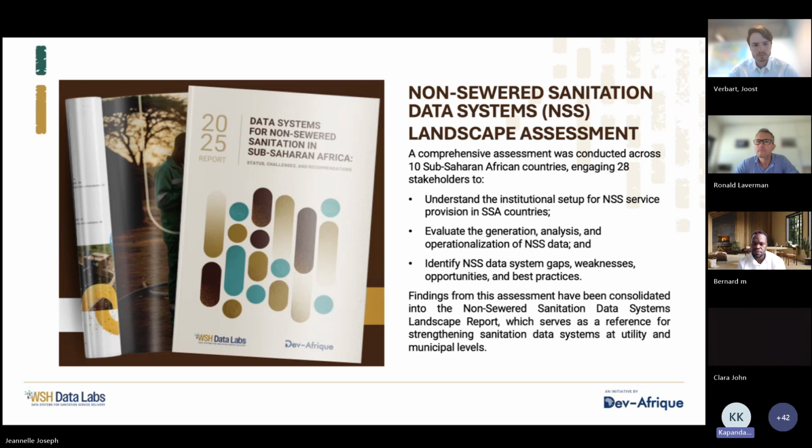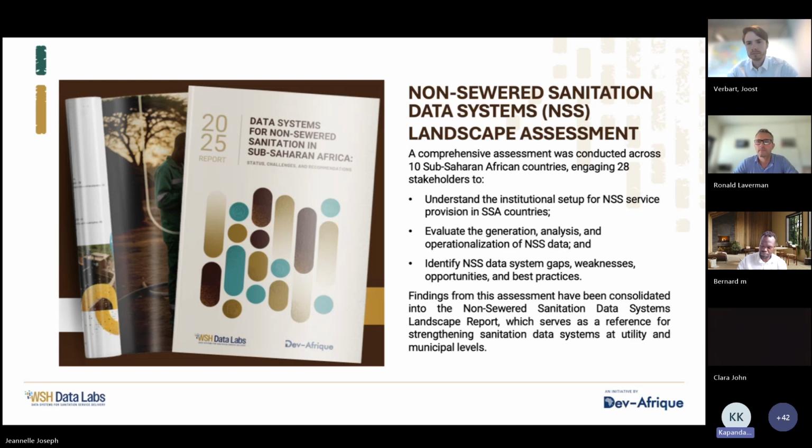We've put together a report, which we launched in February at the FASA conference in Uganda. This report has details on the status of non-sewered sanitation data systems across Sub-Saharan Africa, and some key recommendations to key actors on what actions can be taken to support utilities and municipalities to strengthen their data systems.